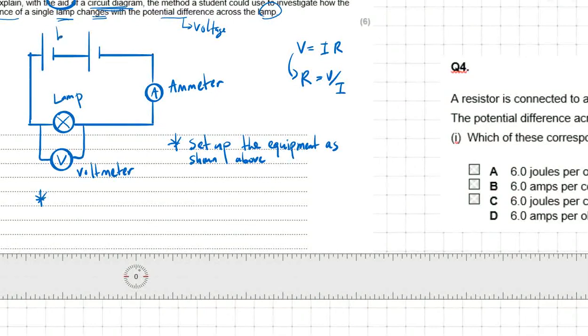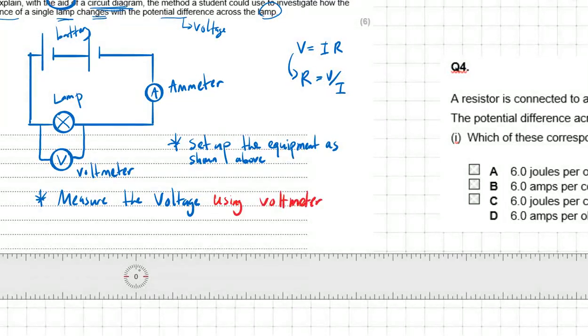Okay, I need to label this. Now, we need to measure the voltage using, we need to say you're measuring the voltage, yes, but we want using the voltmeter, because we did this practical.